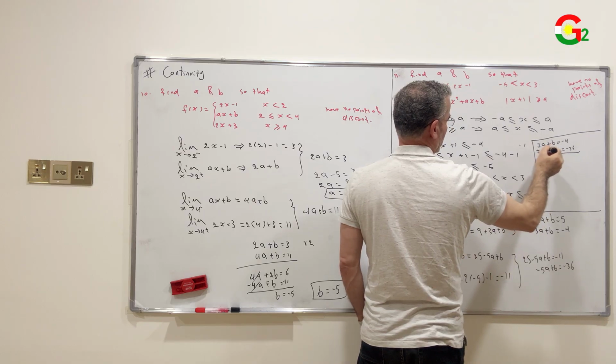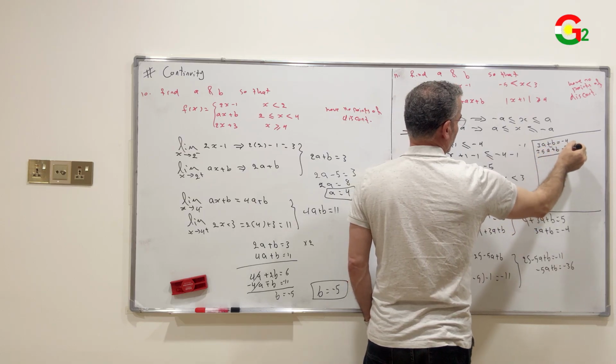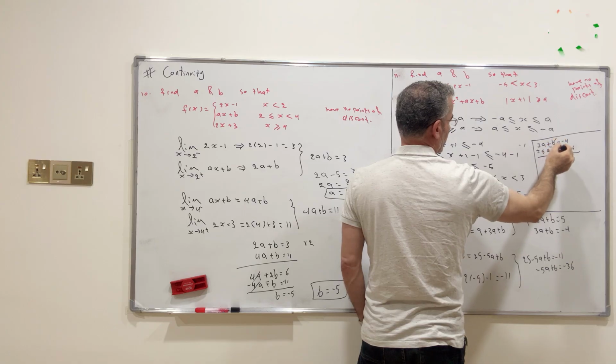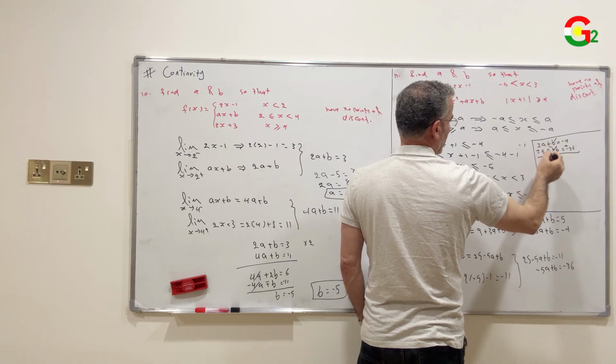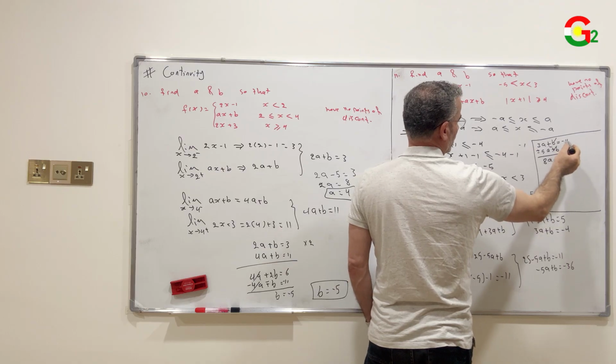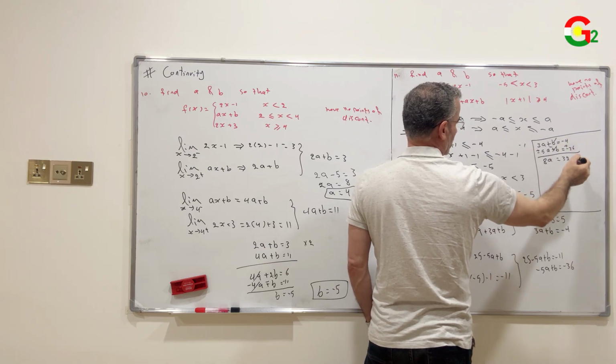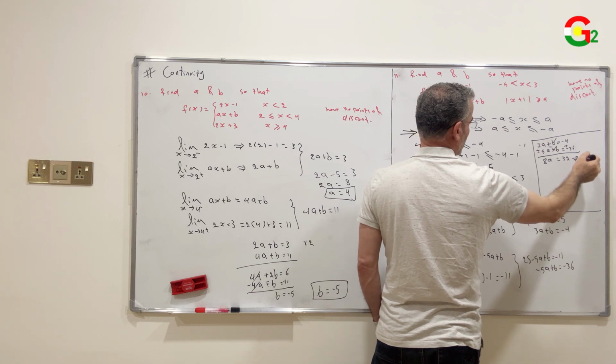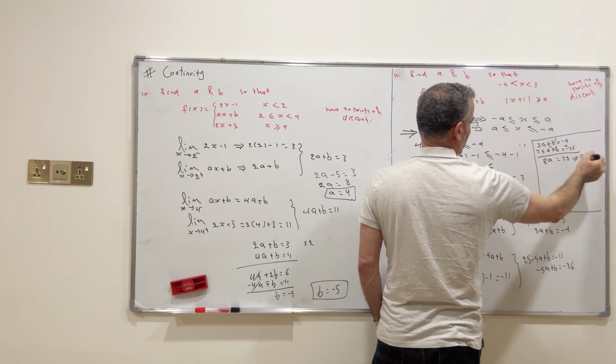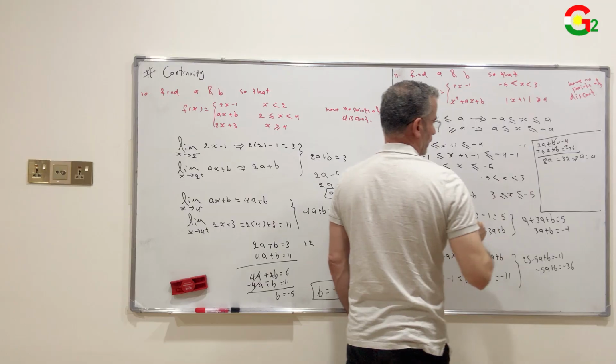Subtract the equations. Negative b with positive b cancel. 3a plus 5a, 8a equal to 32. 36 minus 4, 32. Then a equals 32 over 8, which is 4.